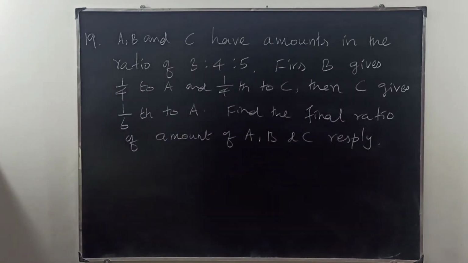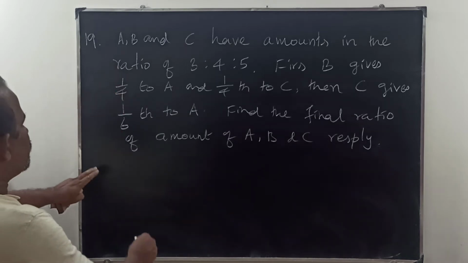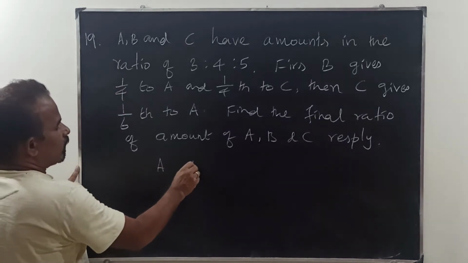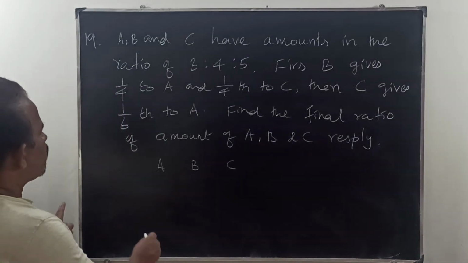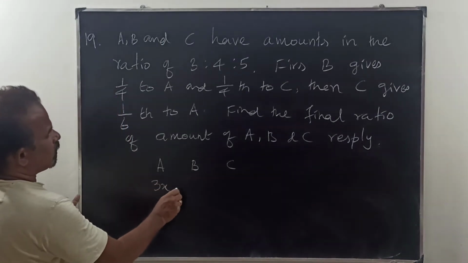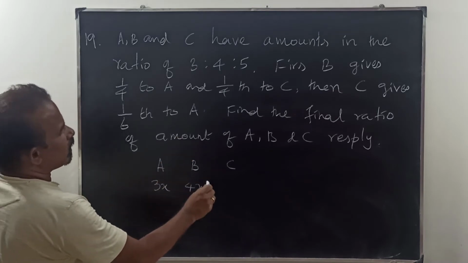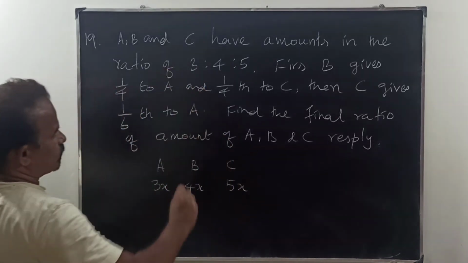Okay. Initially A, B, C are having 3x, 4x, 5x amounts.